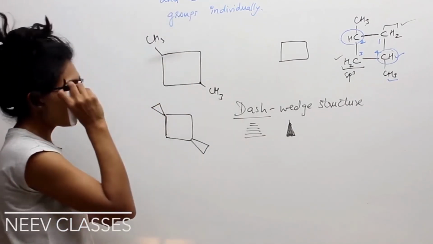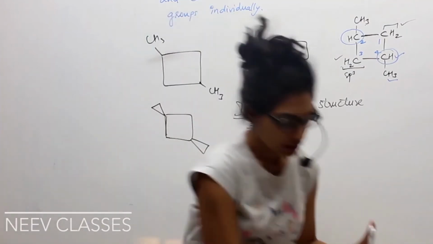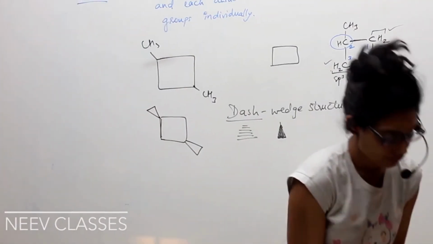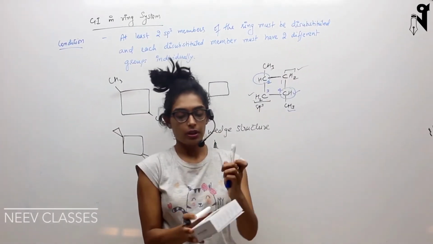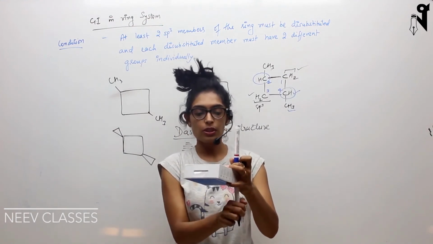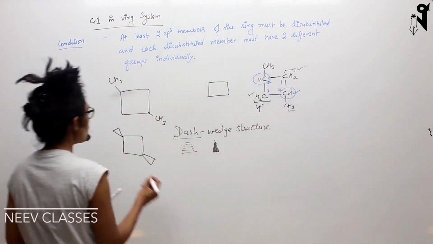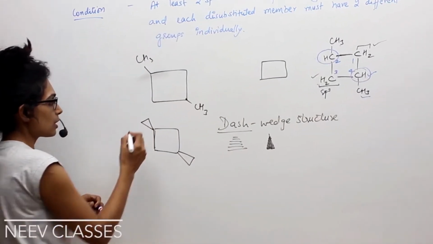Now as I had shown the placement of CH3 towards the viewer and hydrogen away, this CH3 was facing towards the viewer, right? So the other hydrogen which is present is going to be away from the viewer. That arrangement can be shown in 2D geometry like this.